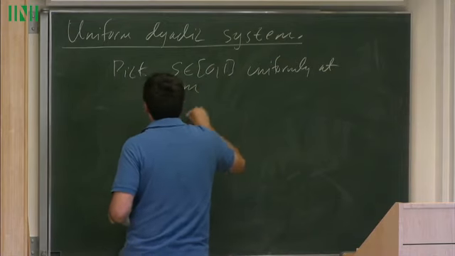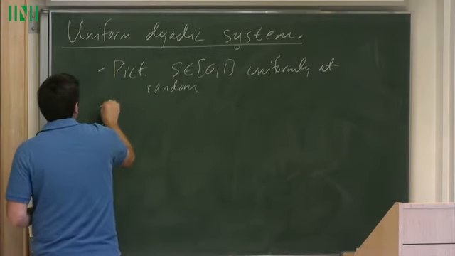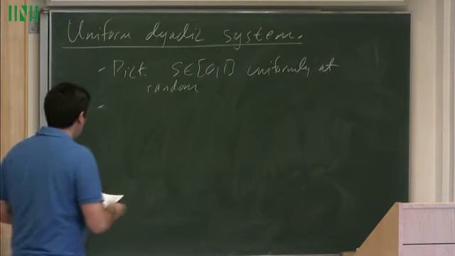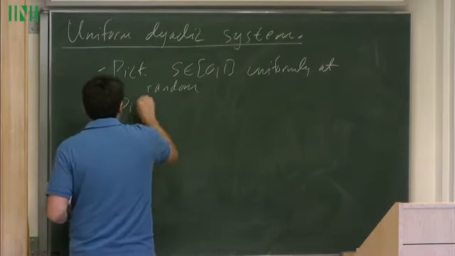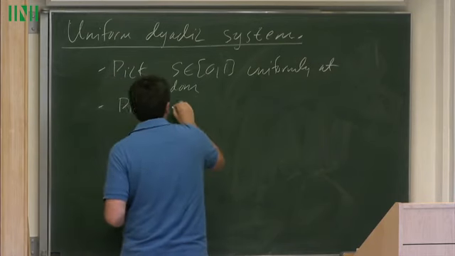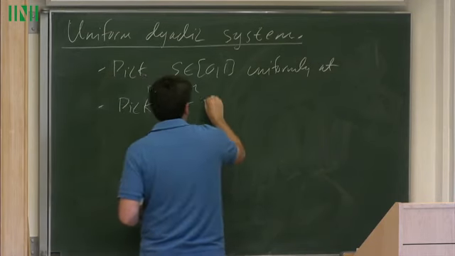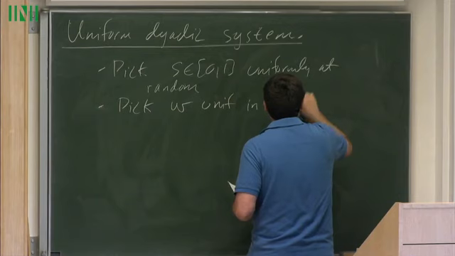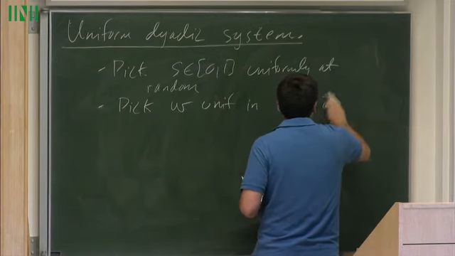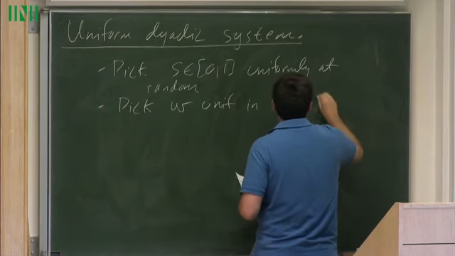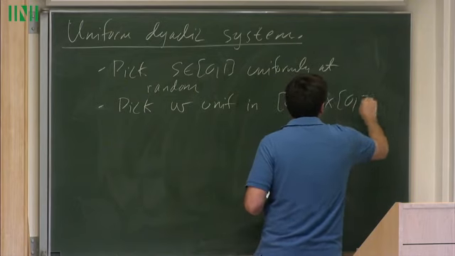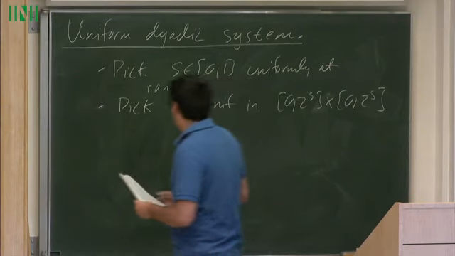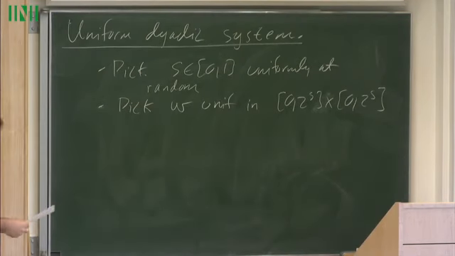So I'm defining a base square right now. And you're also going to pick a center point, W, which is uniformly at random in the square of side length 2 to the S, okay, which is centered at the origin, okay?